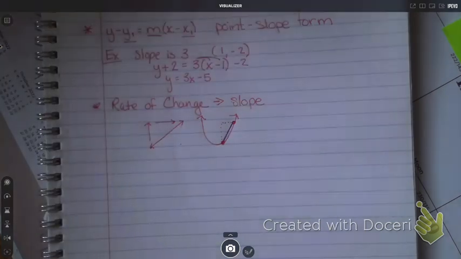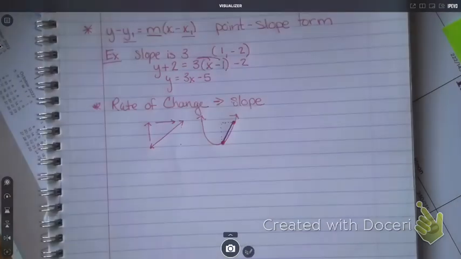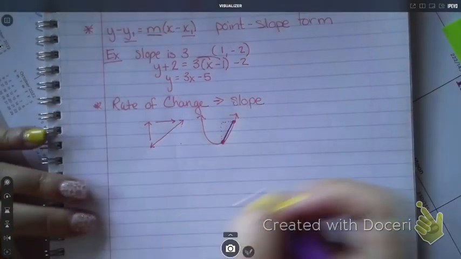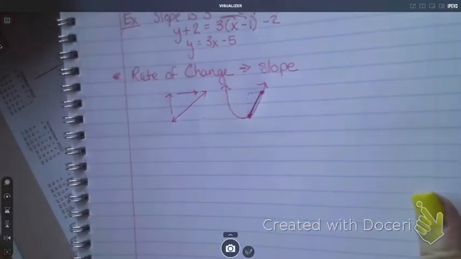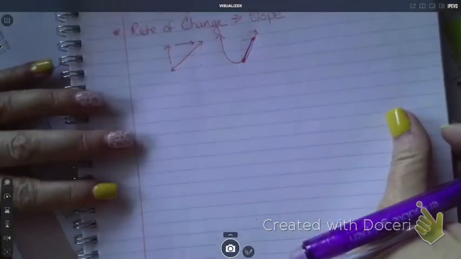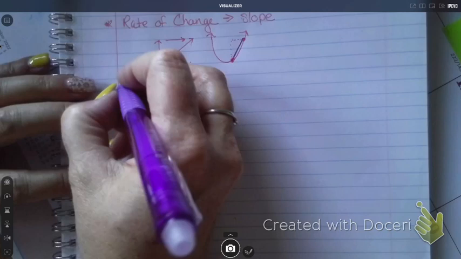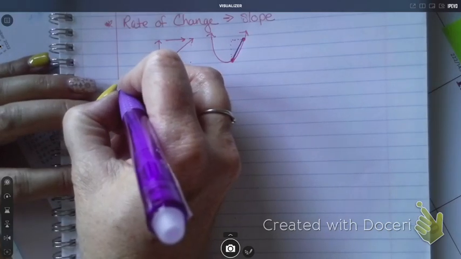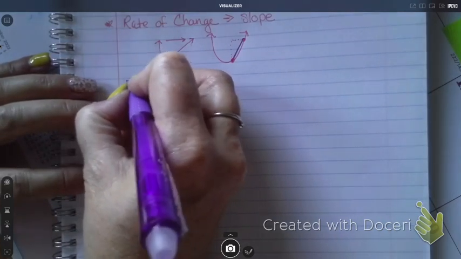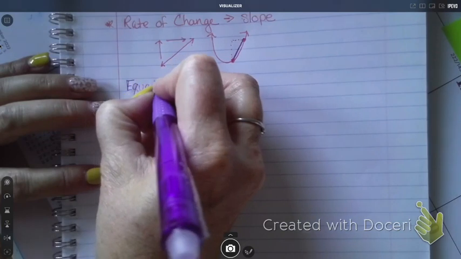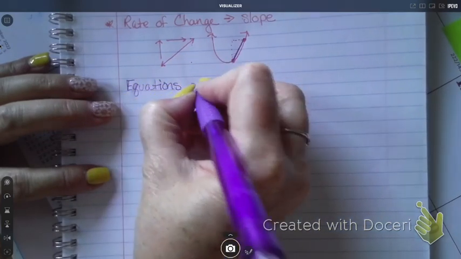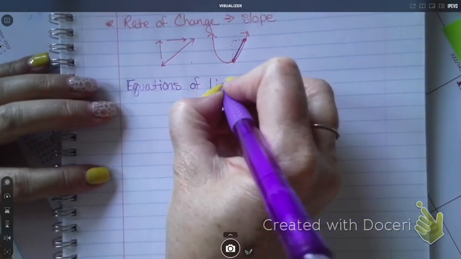We know how to graph an equation with y equals mx plus b, correct? Yes. Okay, so we have types of equations of lines.